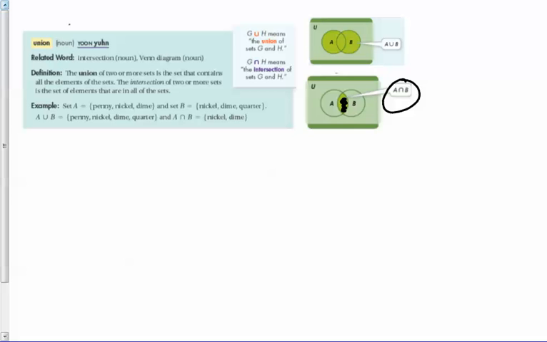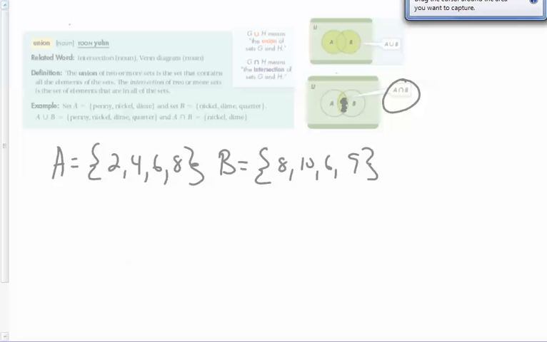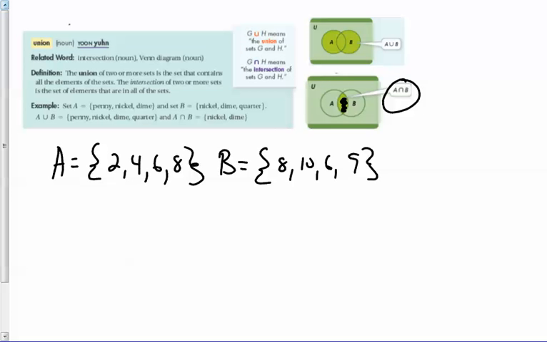A quick example: set A is 2, 4, 6, 8, and set B is 8, 10, 6, 9. We would write this as A intersection B, the stuff that's both in A and B. It looks like it's 8 and 6.